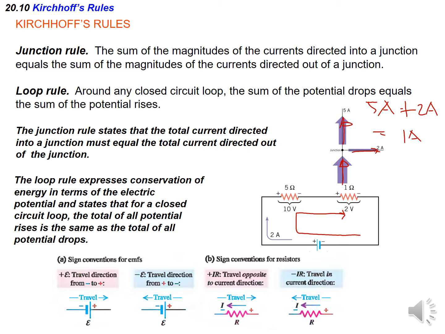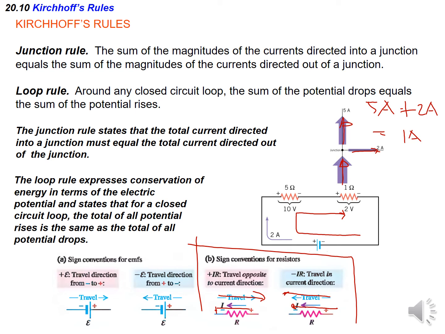So according to the sign conventions, for the IR first, the sign conventions for the resistors: if the direction of travel is opposite to the direction of the current, we are going to use positive IR. If they have the same direction, we are going to use negative IR.